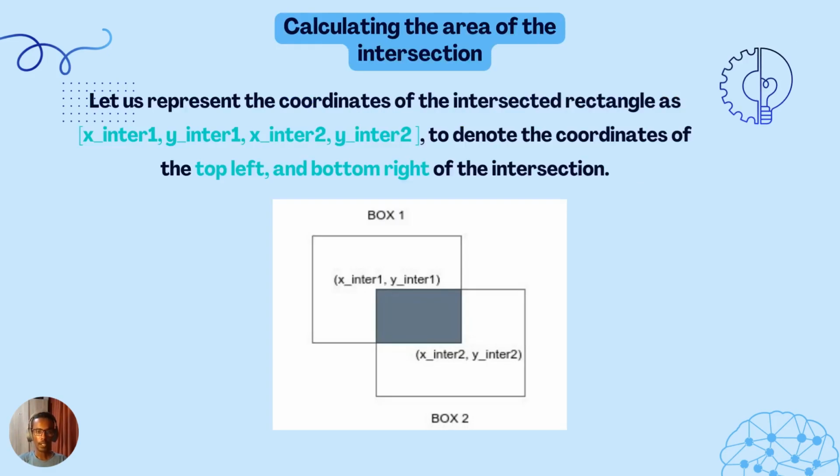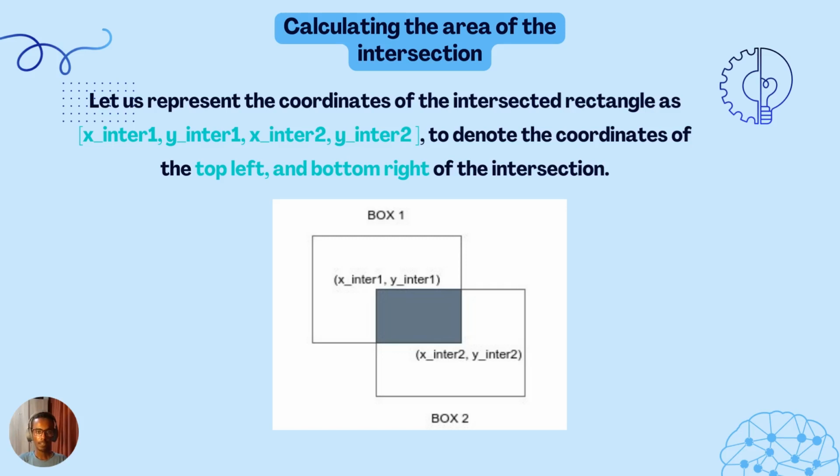So how do we calculate the area of intersection? The area of overlap between these two boxes is the one that's shaded in between, and we can represent the coordinates of the top left and bottom right corners of this overlapping region by using x inter 1, y inter 1, x inter 2, and y inter 2.